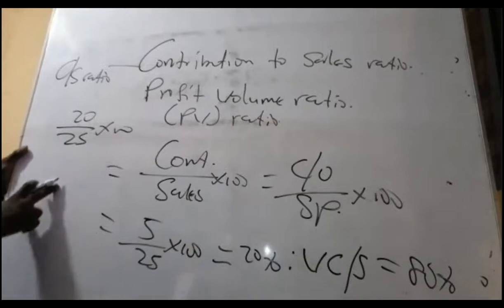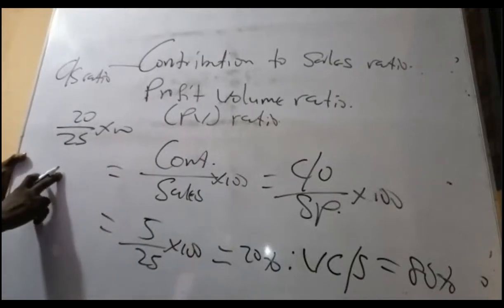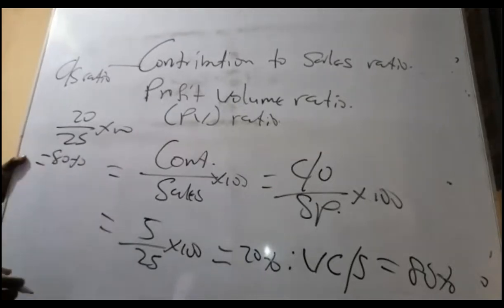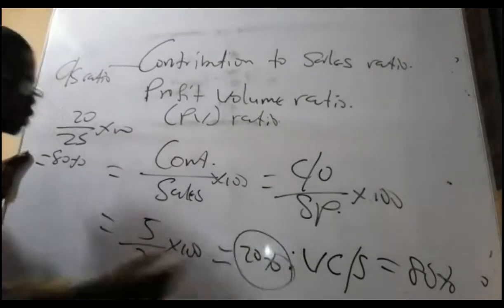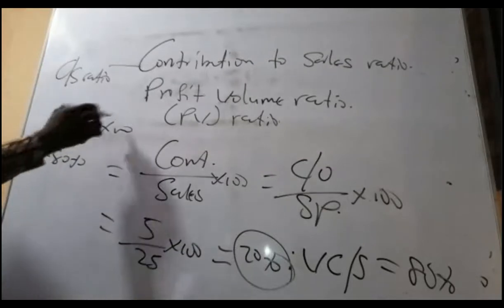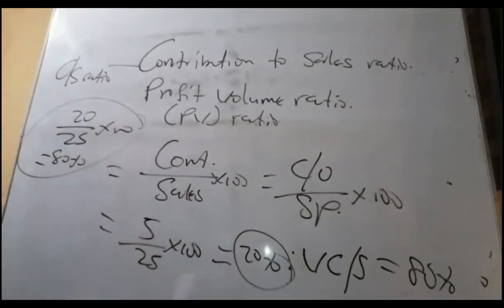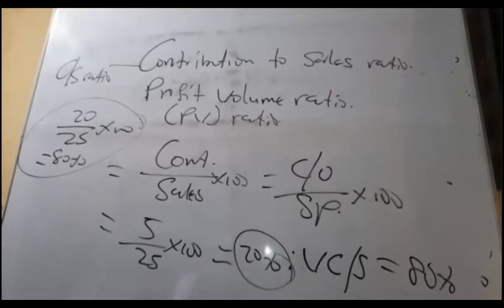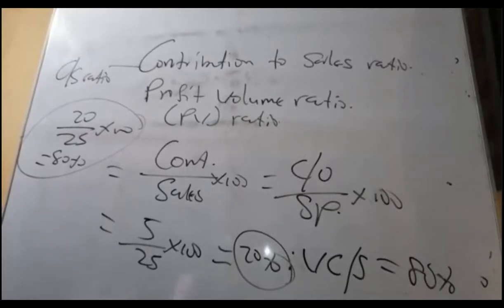This will give us 4 over 5, so 80%, which is the same. So as long as you know the CS ratio, you don't need to calculate all this. Just take it from 100. Now, this ratio helps us to determine variable cost when it's not given, and contribution when it's not given. It helps us in so many ways.